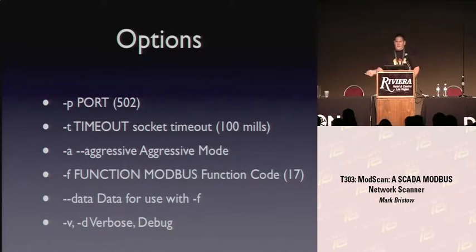So basically, if you're going to switch the function, you better read the Modbus spec, because you're not going to get it right. It's not that hard, but the tool doesn't have a nice way of handling all that. I was not out to make a Modbus client tool. This is a scanner, and it's pretty basic. And of course, we've got verbose and debug modes, which are mainly for me.